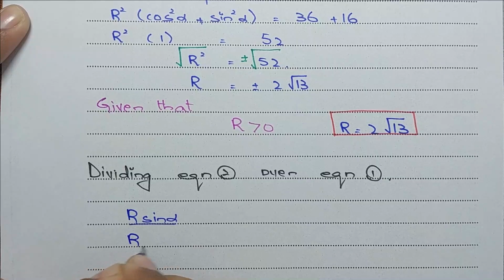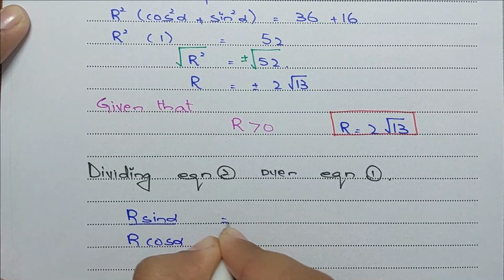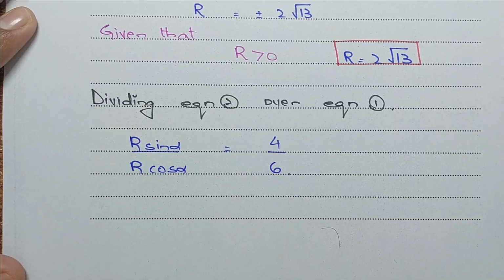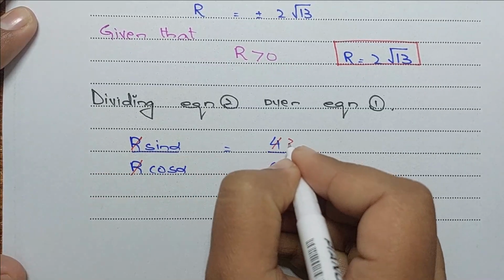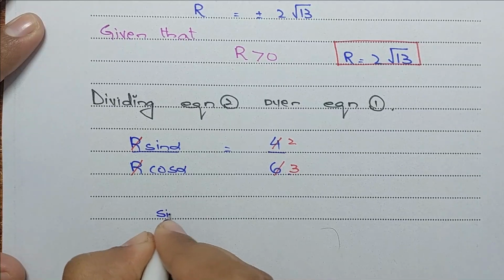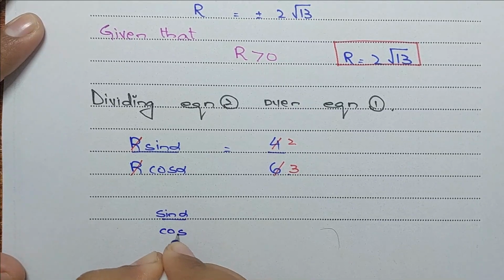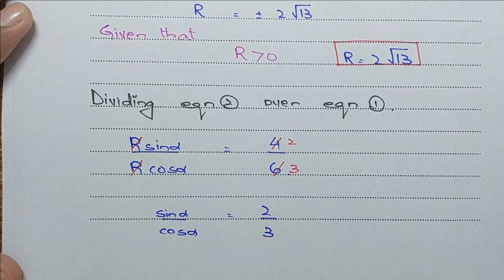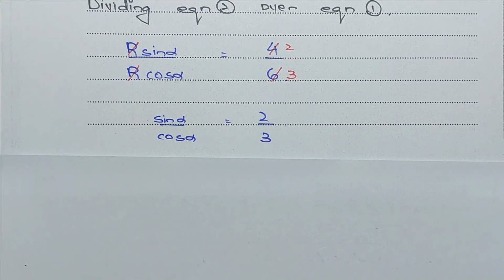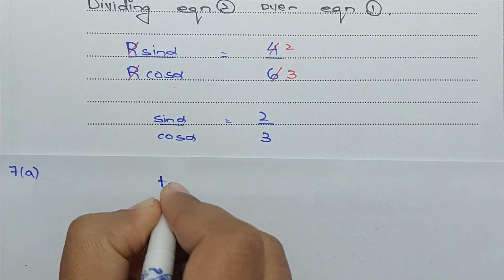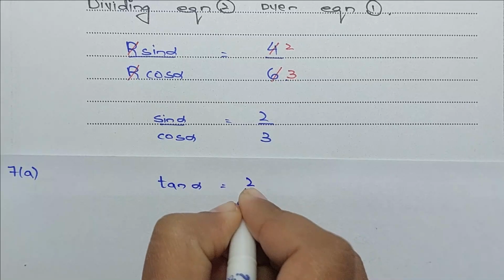Equation 1 is r cos alpha. Equation 2 is 4. Equation 1 is 6. Right. Here we can cancel the r. 2 times 2 is 4. 2 times 3 is 6. Sine alpha over cos alpha would be equals to 2 by 3. And we know that the ratio of sine and cos is tangent. Right. So we can name this as tangent of alpha. This is 7a. Tangent of alpha is 2 by 3.